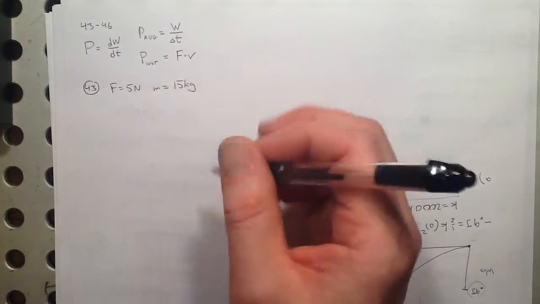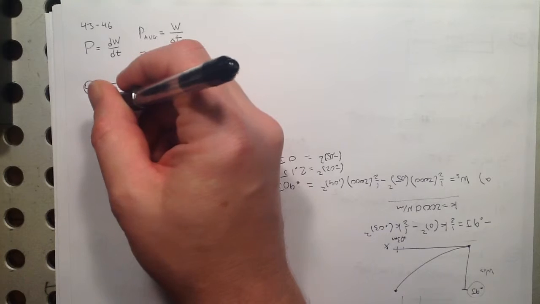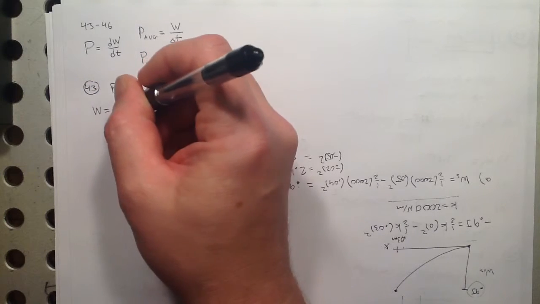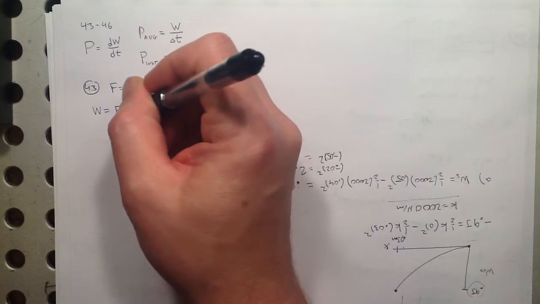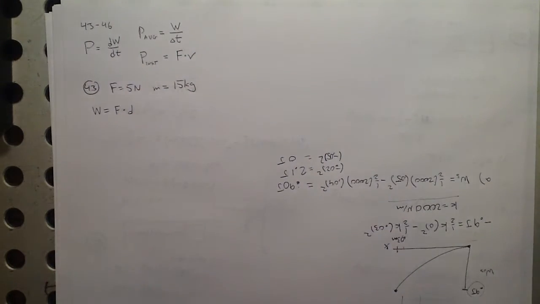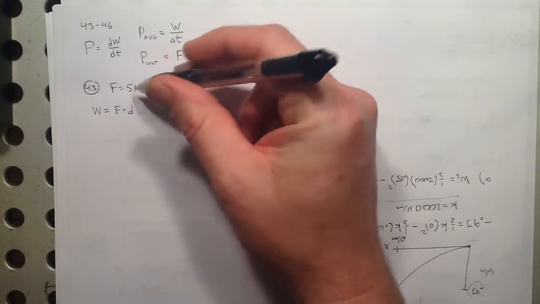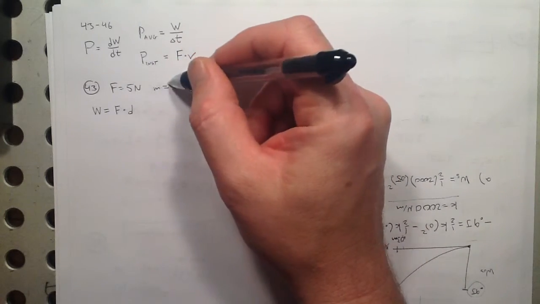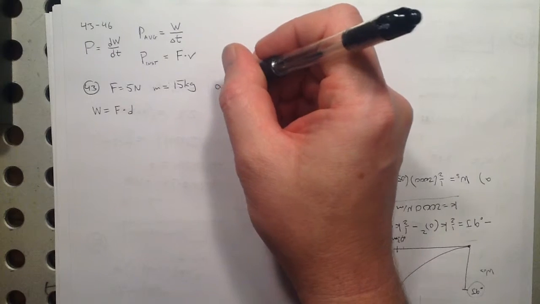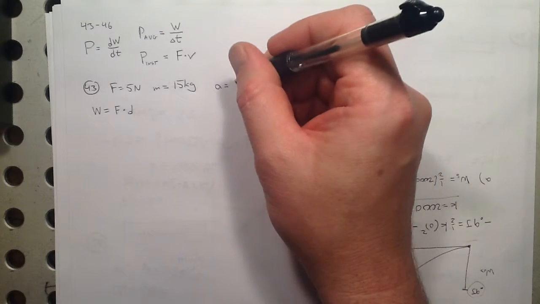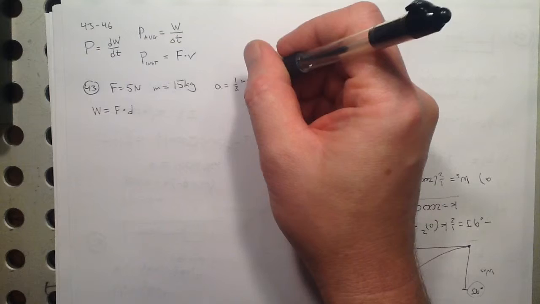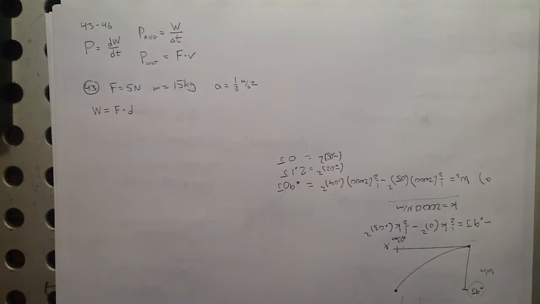It's a constant force, so here work is equal to force times distance. They're in the same direction, so I don't need the cosine theta. During the first second means from time 0 to time 1. And we might notice here, since force equals mass times acceleration, the acceleration of this thing is going to be 1/3 meters per second squared, right?